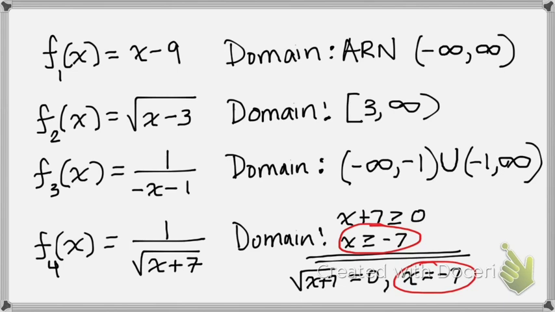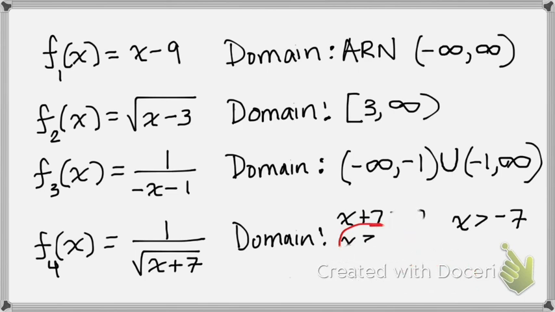I think you can. Putting those two together, we're going to say x has to be greater than negative 7. And that'll meet both conditions. It's both greater than or equal to negative 7, and it doesn't equal negative 7. So that's the domain there.